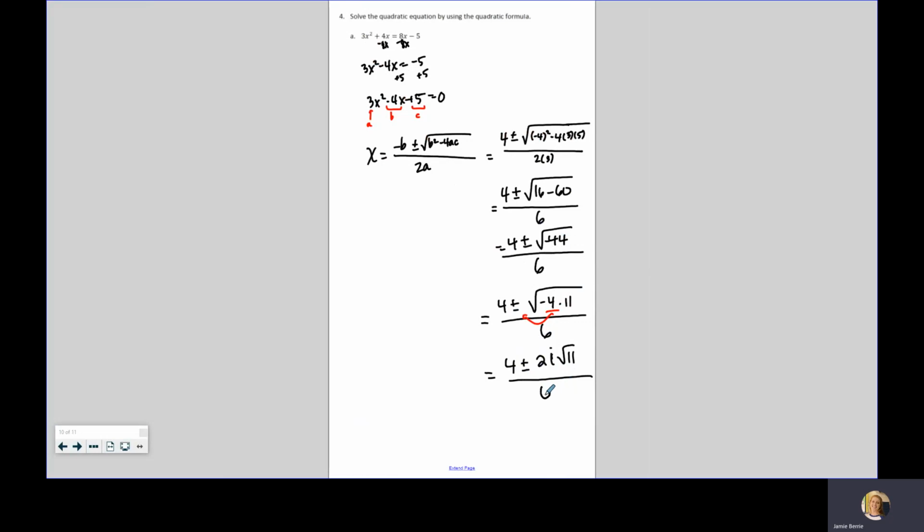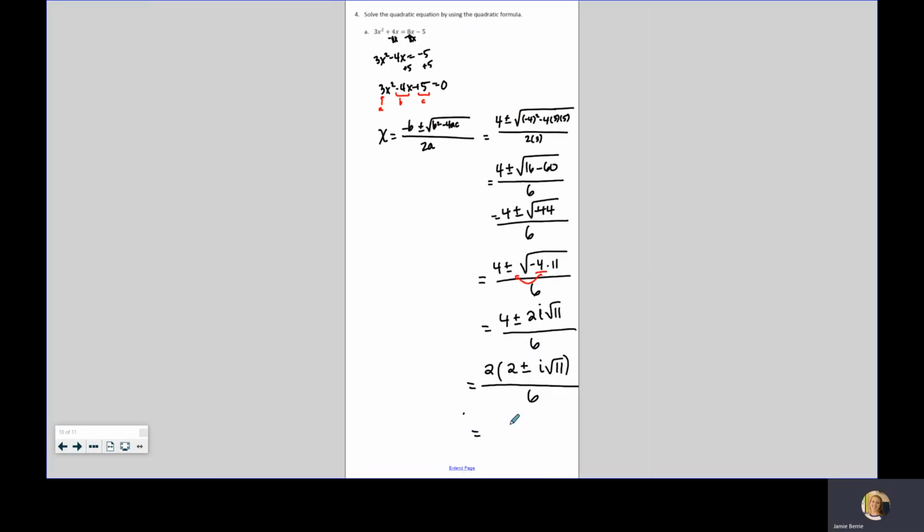All over 6. Again, in the top you have a common factor of 2, so pull out a 2. That leaves you with 2 plus or minus i times the square root of 11, all over 6. And then 2 over 6 reduces to 1 over 3.